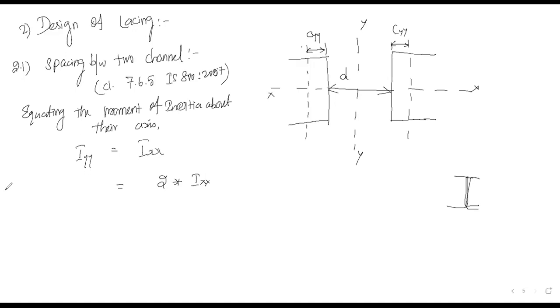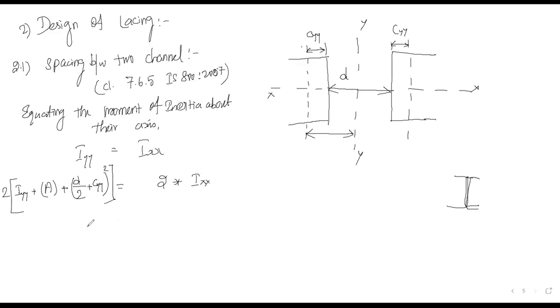Similarly, Iyy is 2 into Iyy of the channel section plus area into x bar squared. Here x bar is the distance from here to here, which is d by 2 plus Cyy, the whole square.